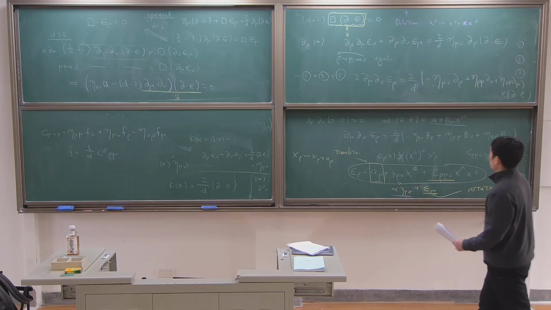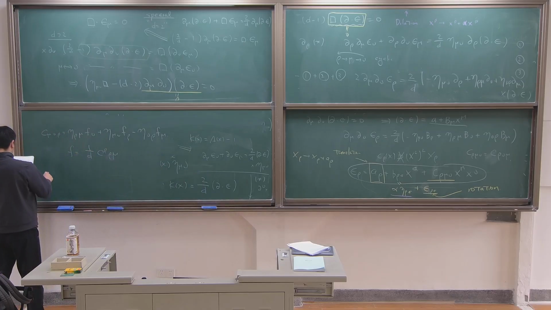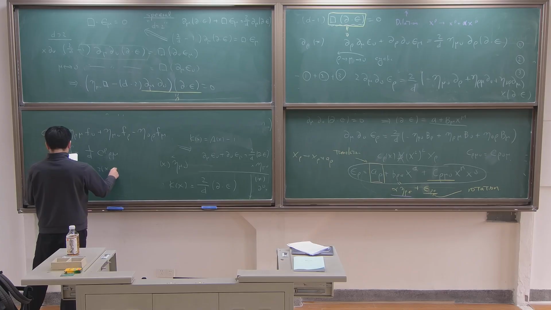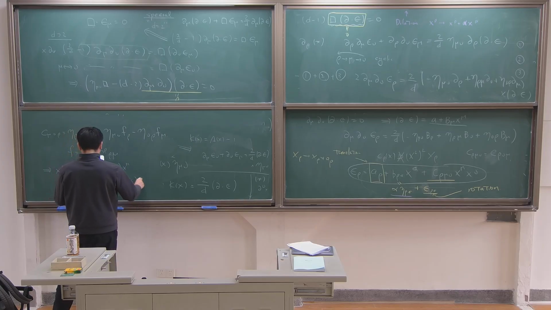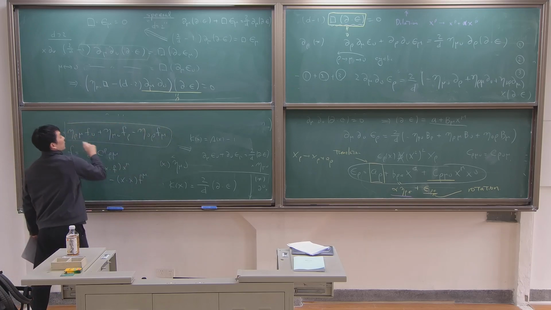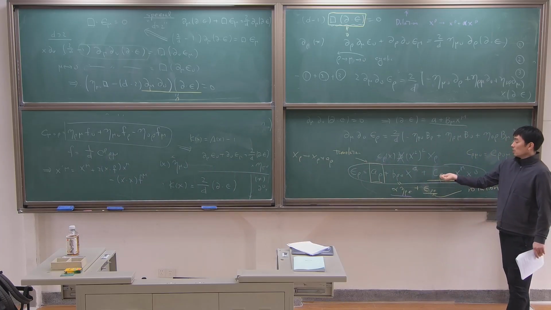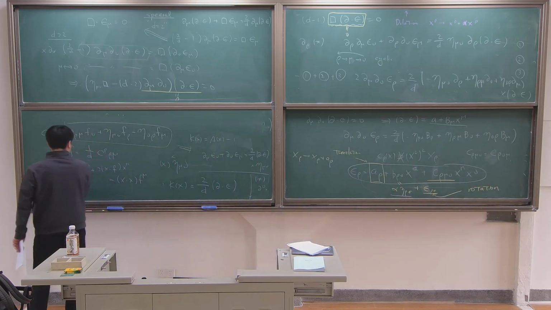And this will give you the following transformation: x'^mu is equal to x^mu plus 2 (x·f) x^mu minus x·x f^mu. So just plug this one into here and write it down explicitly, then you get this equation.